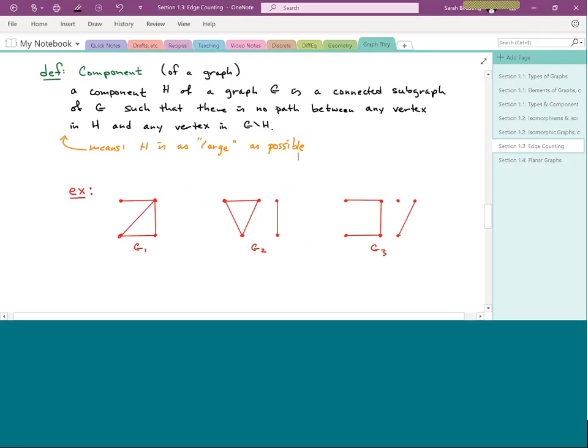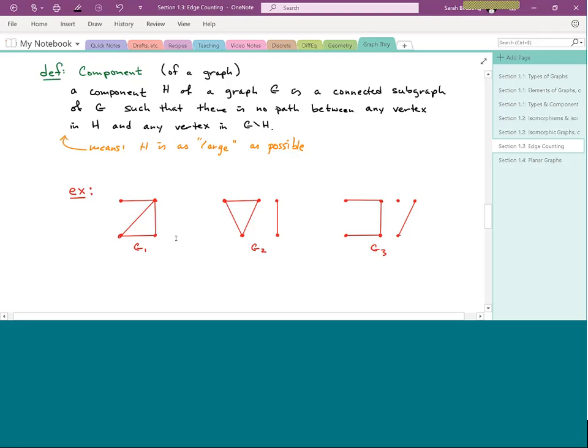You could have the subgraph that's just this line with its two endpoints on the bottom. That would be a connected subgraph. You could have this one that looks like a triangle, but not the top. Those three vertices, those three edges, that would be a connected subgraph. Neither the line at the bottom nor the triangle would be considered components, because both have a path between their vertices and some other vertex in the actual graph.